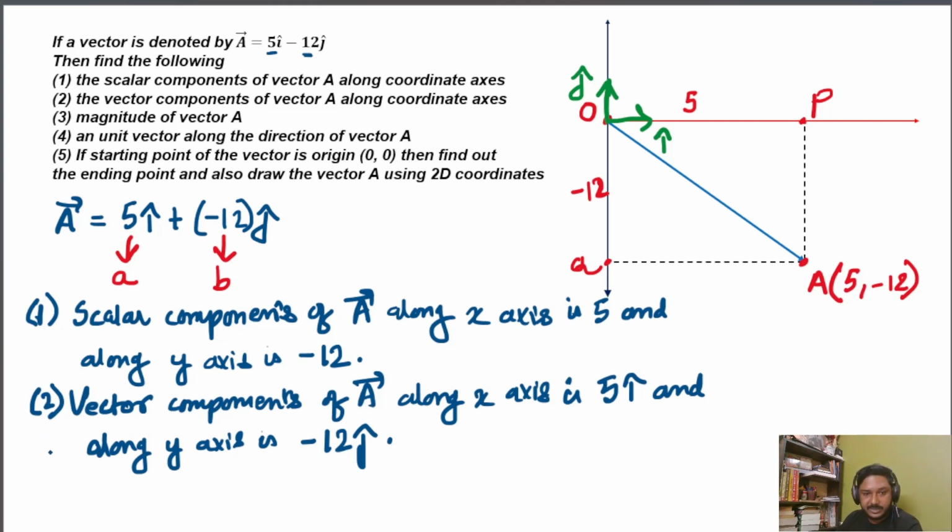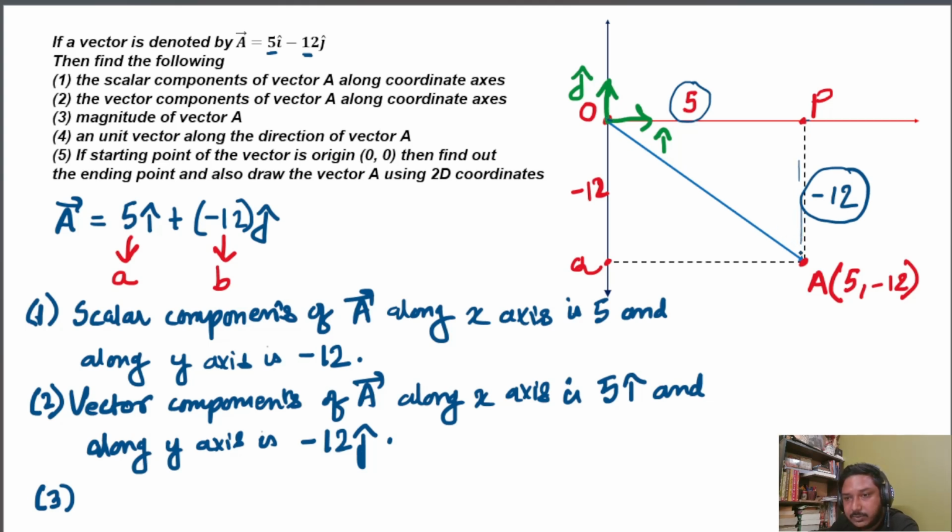Number 3 is the magnitude. Now you can see, understanding the magnitude would be easier. If you see here O, P, all these things, then this O to P is equal to 5, as you can see here. Similarly, this PA is also equal to minus 12. Now this is 5, this is minus 12.